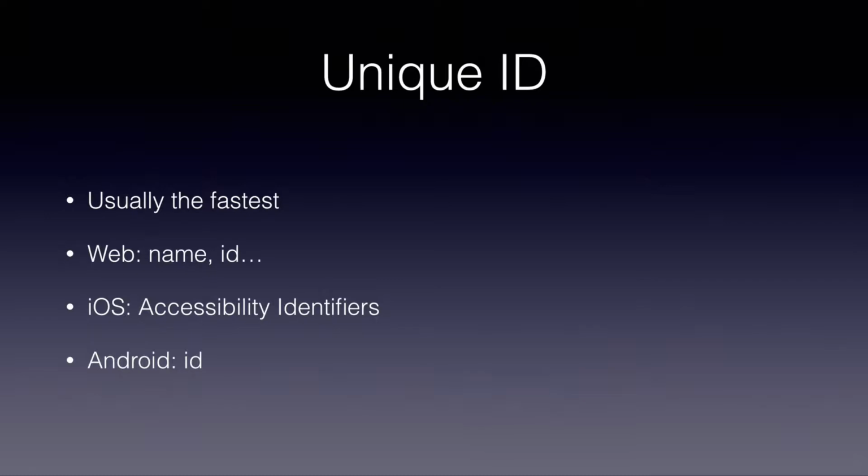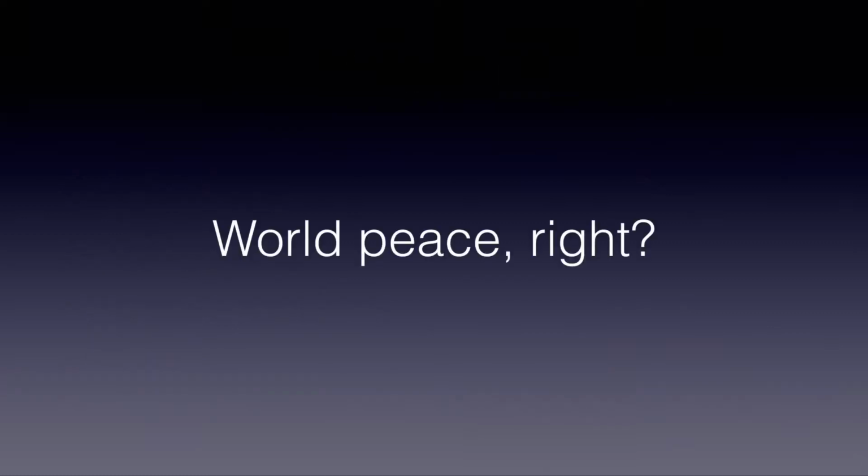In web we have name and ID, in iOS we have accessibility identifiers, and in Android we have ID. So it's world peace, right? Because we have the coordinates and the unique ID, and it's also fast.